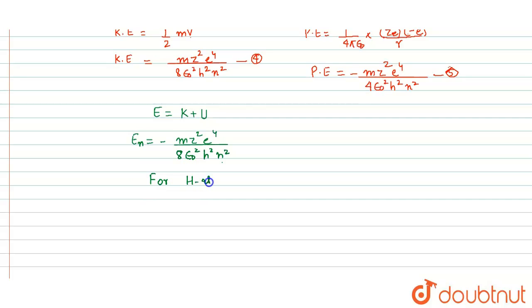For the H atom we can put Z equal to 1, and we can get the final expression, which is simply En is equal to minus m e to the power 4 whole divided by 8 epsilon naught square h square n square. Now from here you can see that the total energy of the electron in a particular orbit is inversely proportional to the square of the orbit number.